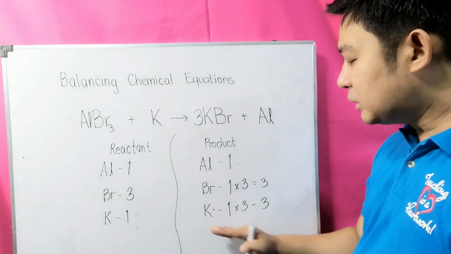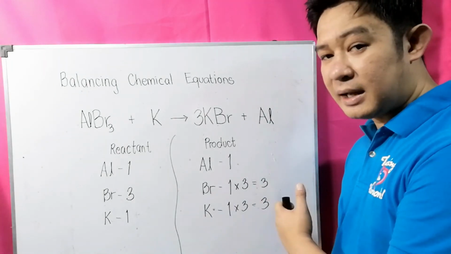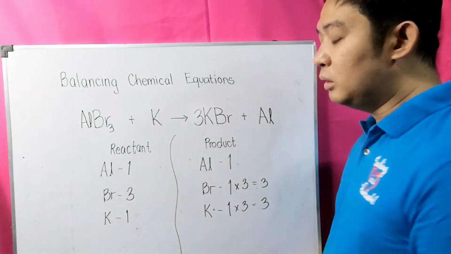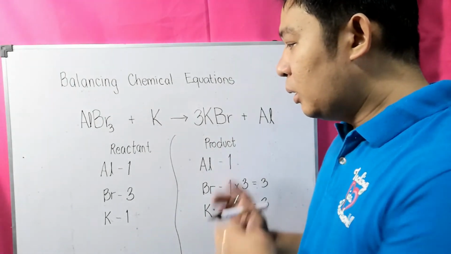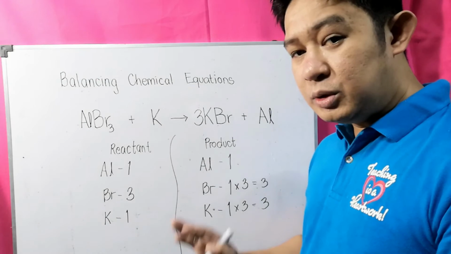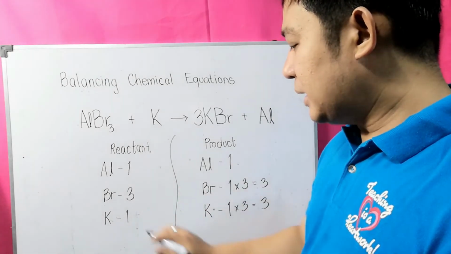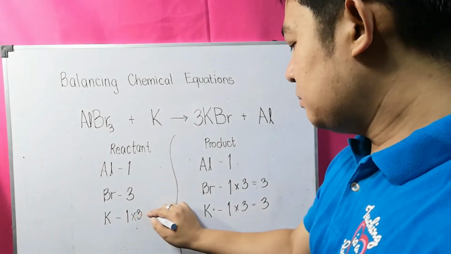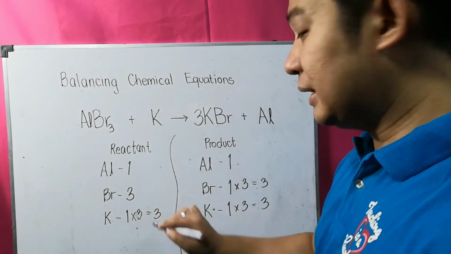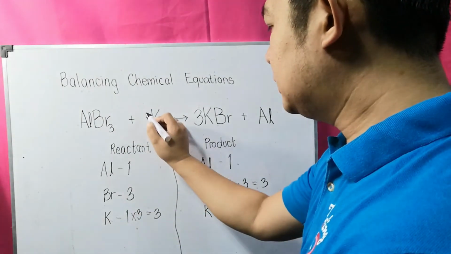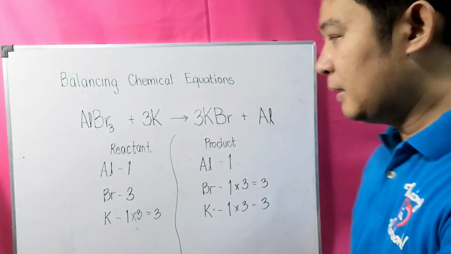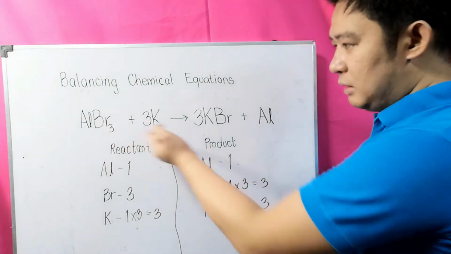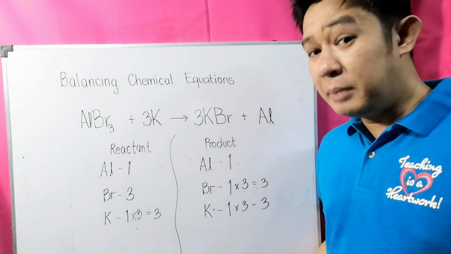So we now have 3 potassium on the product side and only 1 on the reactant side. For us to balance this, on the reactant side, we should also multiply potassium by 3, making this equal to 3. That means we should put 3 here as the coefficient of potassium, making our chemical equation balanced.